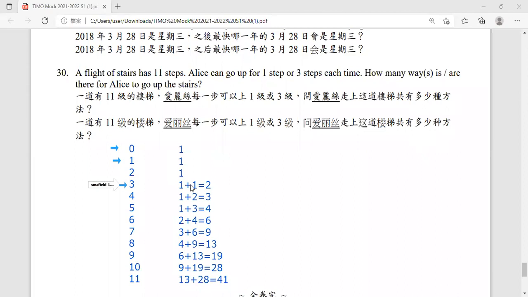So it's 1 plus 1 is 2. For going to step 3, you must come from step 2 or step 0. So add the 1. For step 4, you must come from step 1 or step 3. So you add these 2 numbers, 1 plus 2. For step 5, you must come from step 4 and step 2. You should have 1 plus 3, which is equal to 4. So it's just some addition rule.